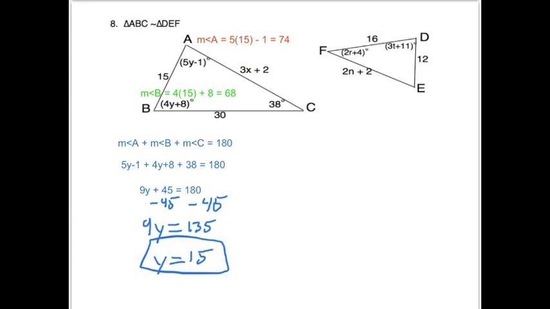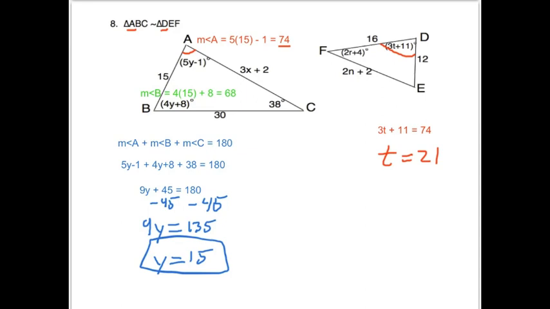For example, let's take a look at angle D. Angle D must be equal to angle A. And the reason why is, since these two triangles are similar, A corresponds with D. And so that makes their angles equal. And so 3t plus 11 must equal 74. When you solve that, you get that t is equal to 21.